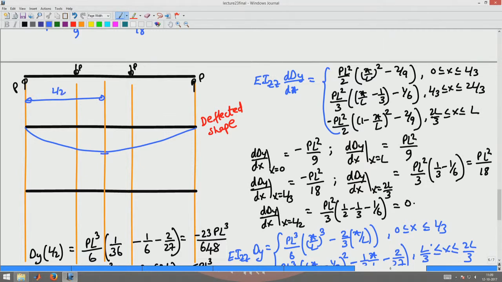The maximum deflection occurs here, which is minus 23 by 648 PL cube by E times IZZ.